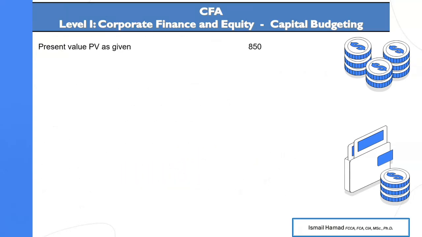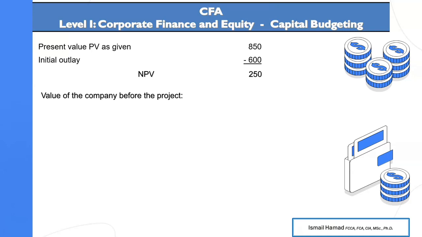In the next slide, this is the present value, 850. I will deduct the initial outlay of 600. That will give me the net present value of 250 million. This theoretically should be added to the equity value in the market. Let us see whether this will happen or not.